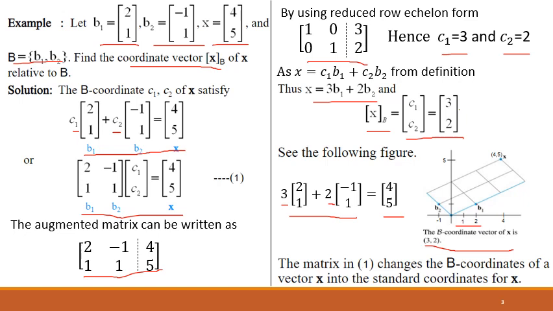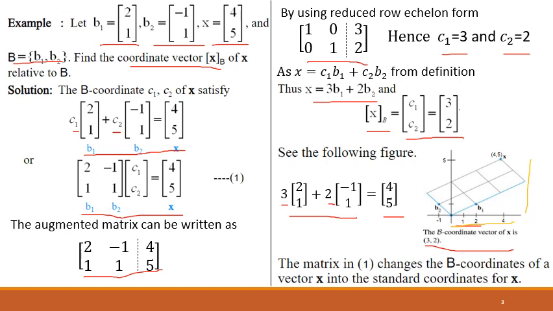And if we want to draw our vector x in a rectangular coordinate system, we will move 4 units on the x-axis and 5 units on the y-axis. So we will reach our point x.